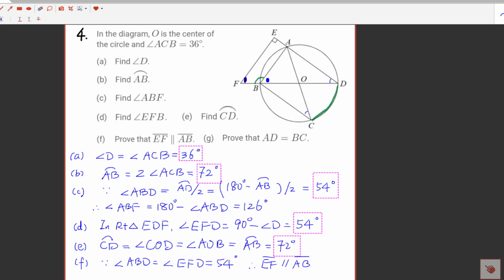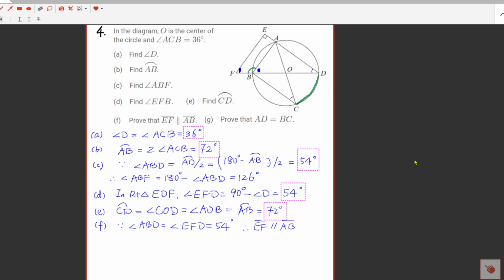Okay, then last one. Question G, we need to prove AD equals BC. So we can make use of a pair of congruent triangles. So we can state that BO equals AO, right? Both of them are radii of the circle. And also we have CO equals DO.